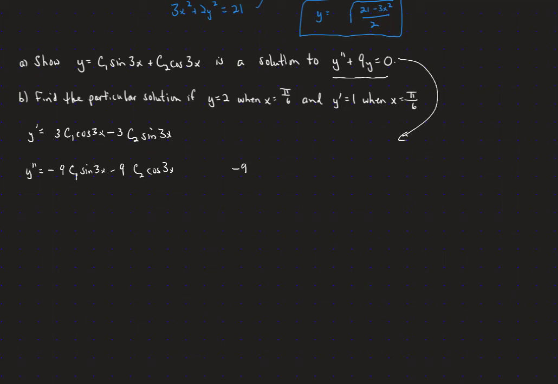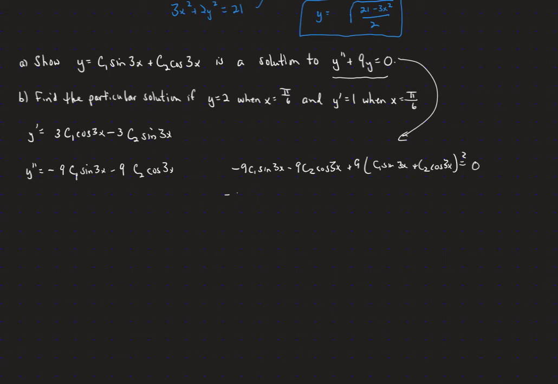So we've got negative 9 c1 sine 3x minus 9 c2 cosine 3x, and then a plus 9 times our original function, which is c1 sine 3x plus c2 cosine 3x, and we are hoping that that's going to be 0.